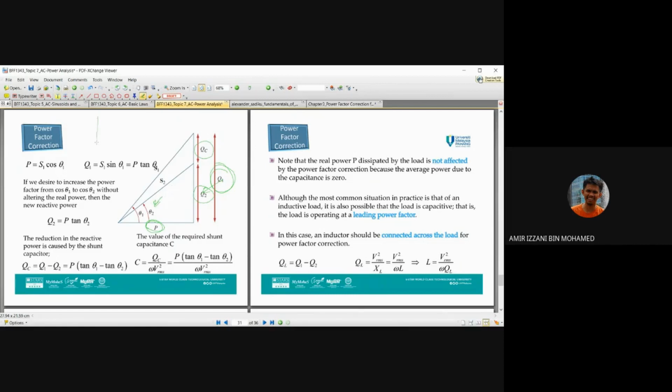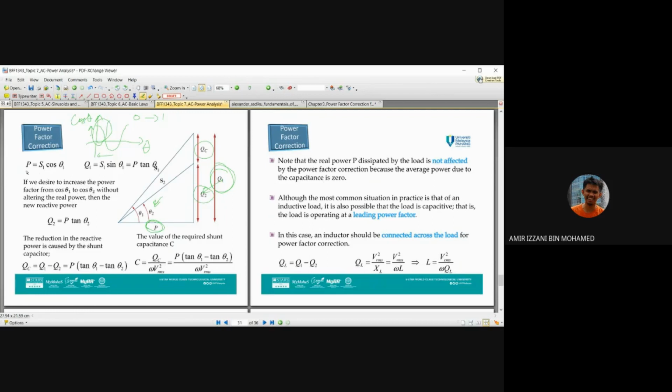As you know, the smaller the theta, the higher the cos theta value. You see, this is the theta angle, this is the cos theta. So actually we only consider this part, 0 to 1, only between 0 and 90 degrees.